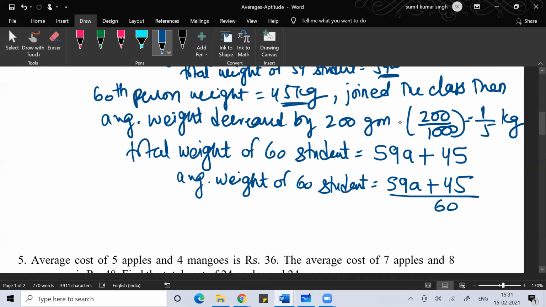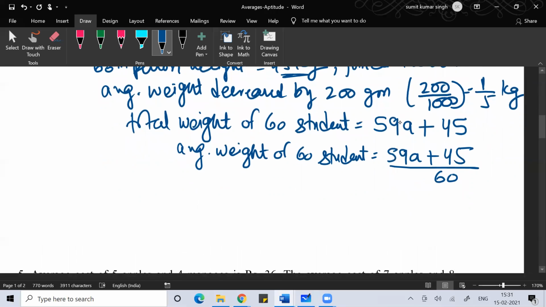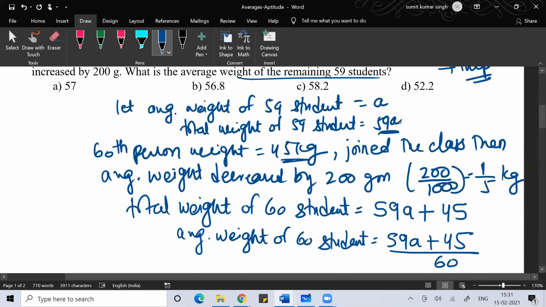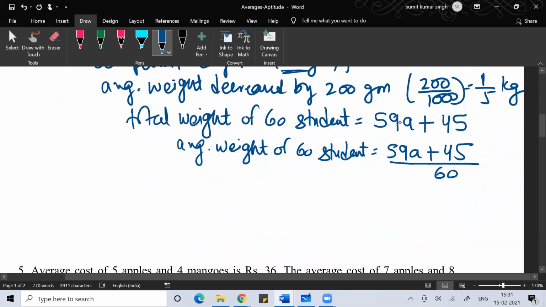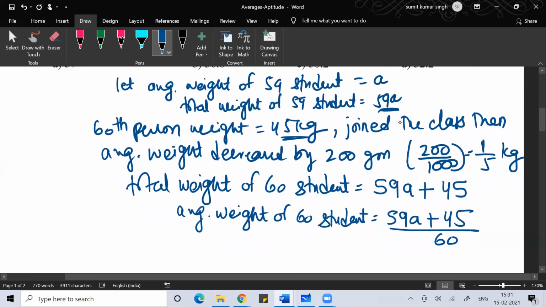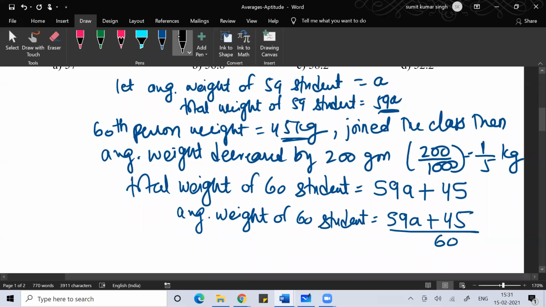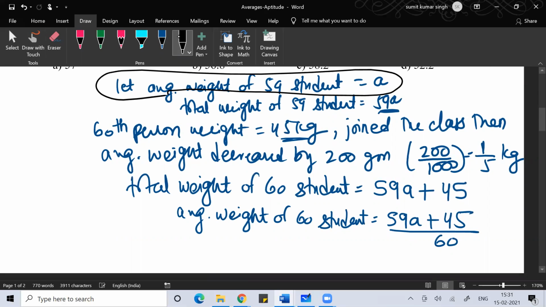Now, when this person whose weight is 45 kg joined the class, the average weight of the class decreased by 200 grams. Earlier I assumed the average is A. Now because of this person joining the class, the average weight decreased by 200 grams.